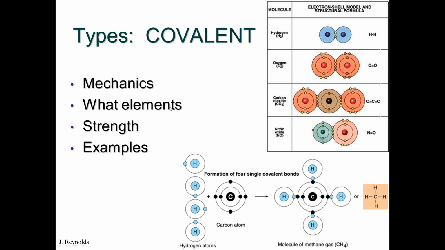All right, so oxygen always covalently bonds. Carbon always covalently bonds. Hydrogen can go either way. These are strong bonds. Examples, you're going to see a lot of them when we cover the organic molecules at the end of the chapter. They're all covalently bonded.